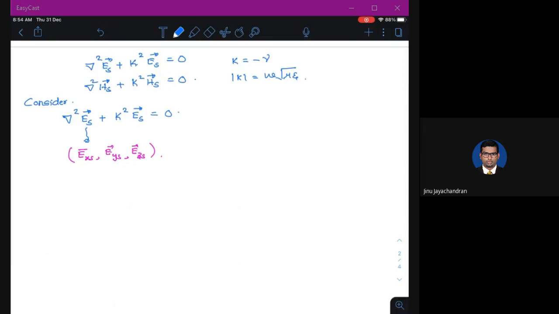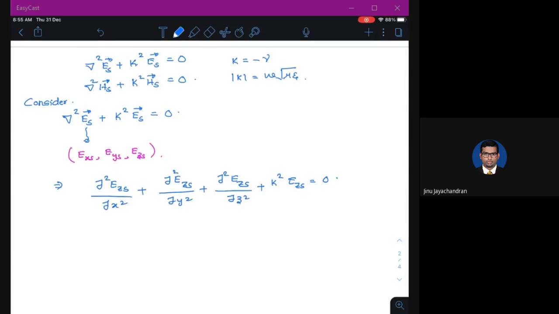So I can write this equation as dou square Ezs by dou x square plus dou square Ezs by dou y square plus dou square Ezs by dou z square plus K square Ezs is equal to 0. Okay, these are not vectors actually; these are components.